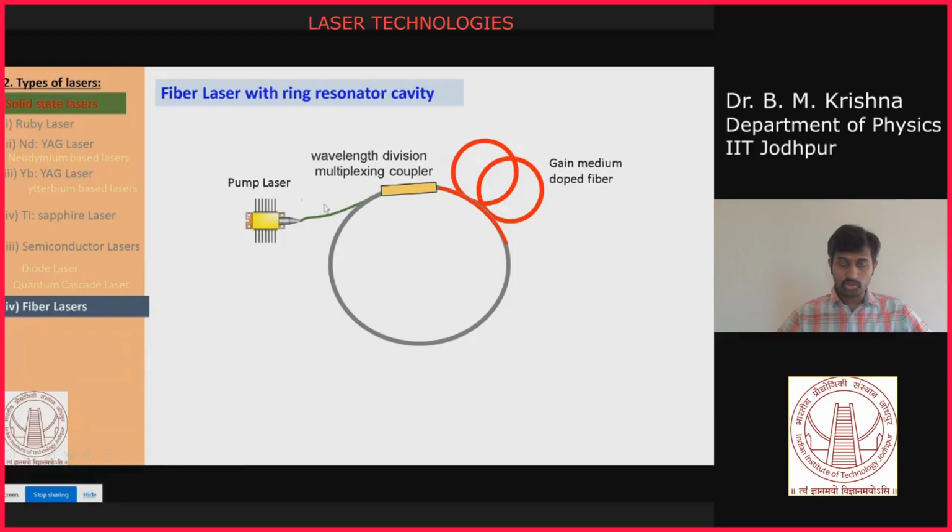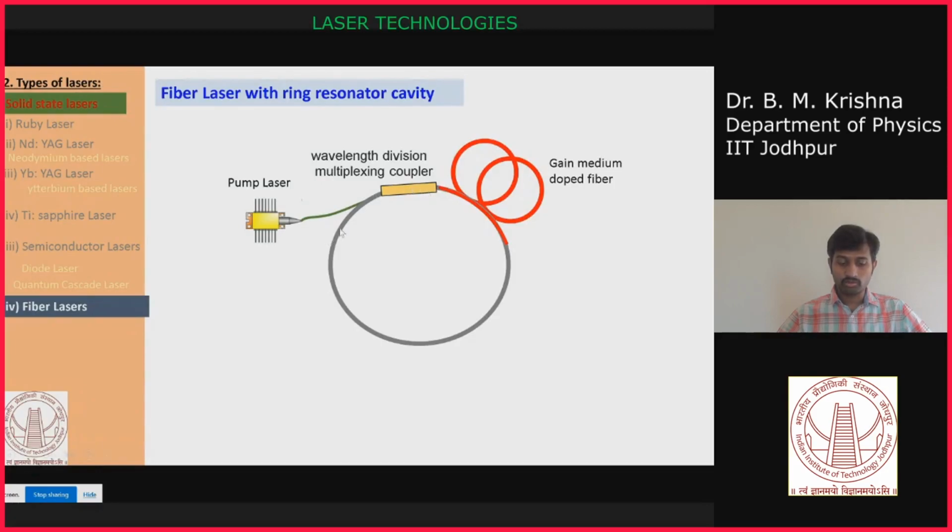It couples multiple wavelengths into a single fiber, which means multiple fibers can be attached to this multiplexer. So you can couple your pump light through the wavelength division multiplexing coupler.